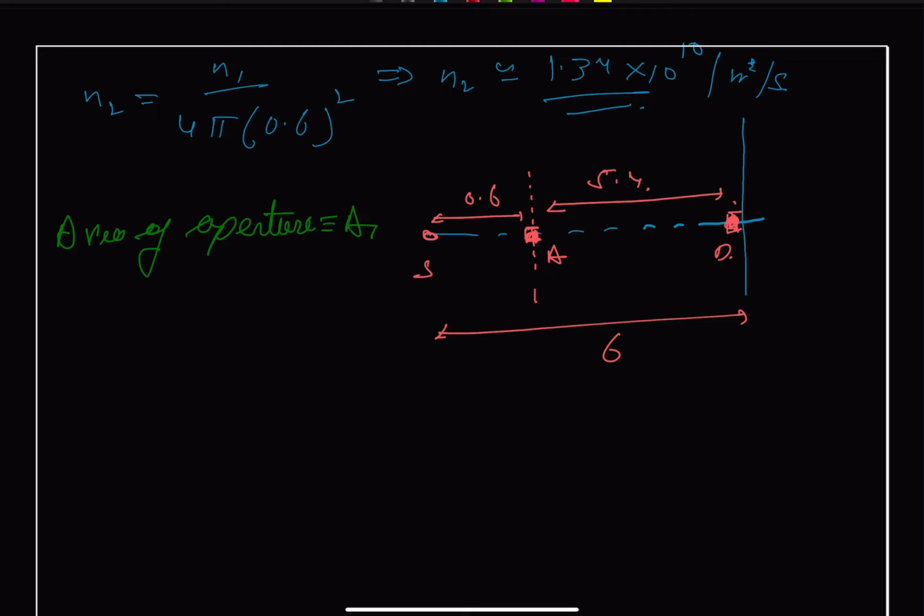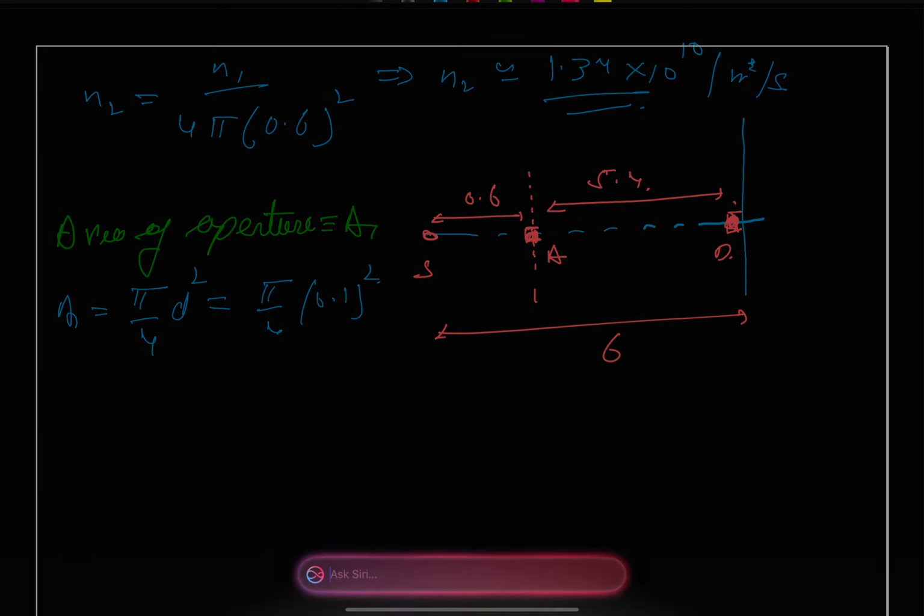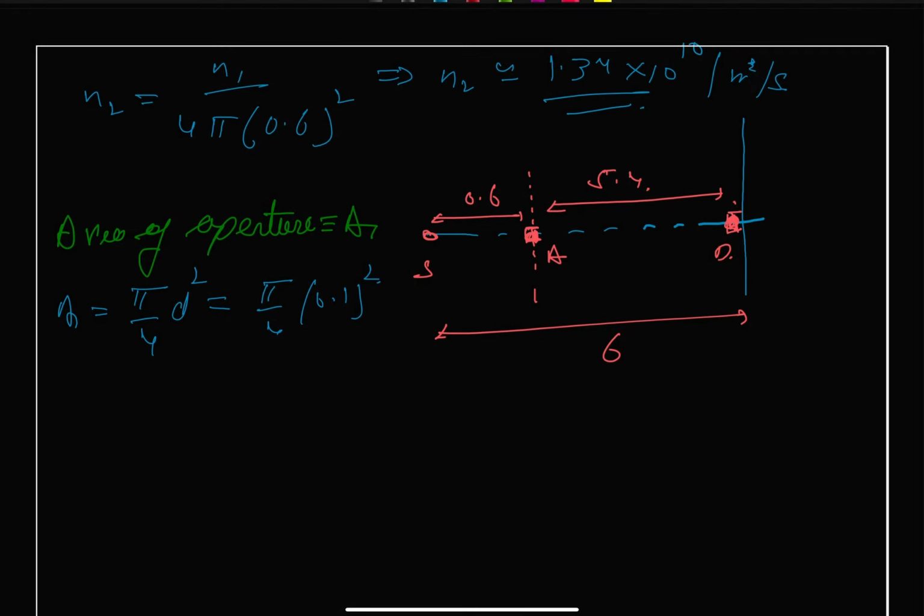So we can say that our A1 will be equal to pi upon 4 d square, which comes as pi by 4. This is 0.1 whole square, and this gives us that our area of the aperture A1 is equal to 7.85 into 10 to the power minus 3 meter square.